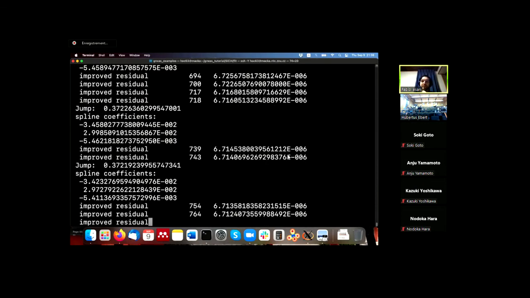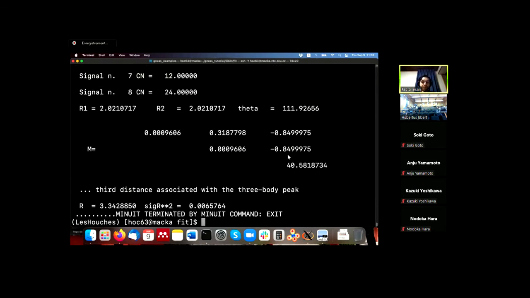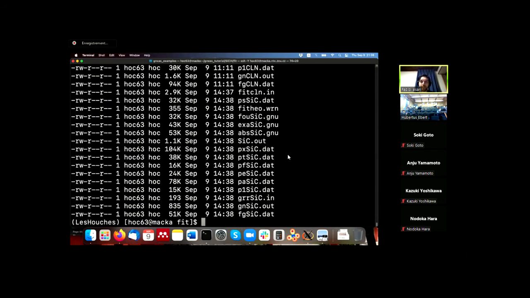We will do this minimization procedure, and then it will stop at a certain point.